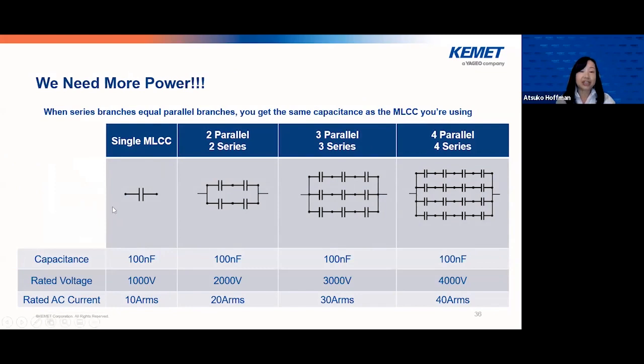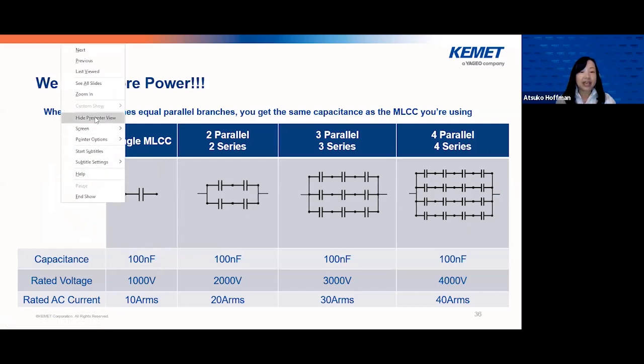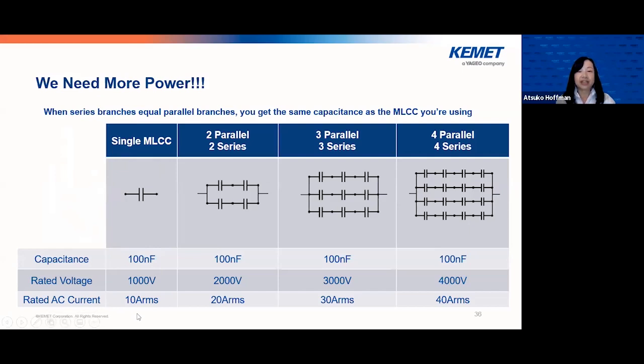And then here you can see, we have a single MLCC, 100 nanofarad, 1000 volt and 10 amp RMS current. And if you connect two in series, you can get rated voltage of 2000 volt. And if you put the string in parallel, then you can get twice as much AC current, 20 amp RMS, while maintaining the capacitance the same, 100 nanofarad.